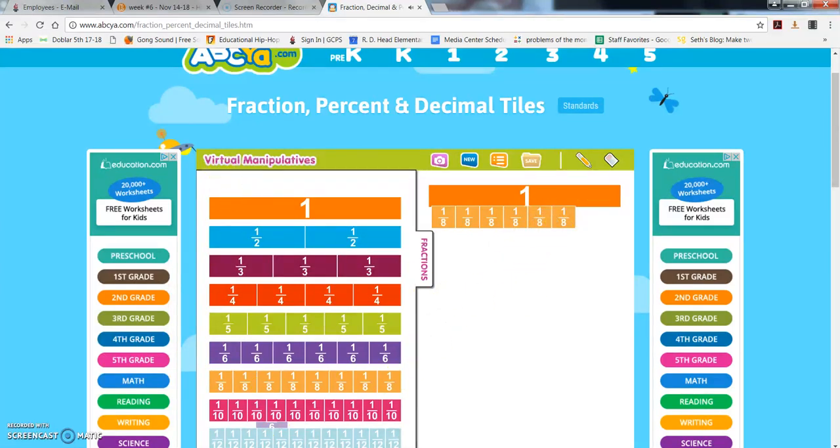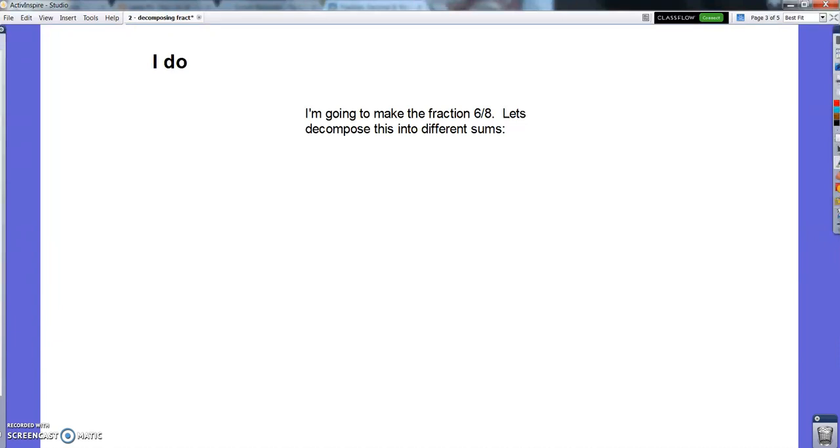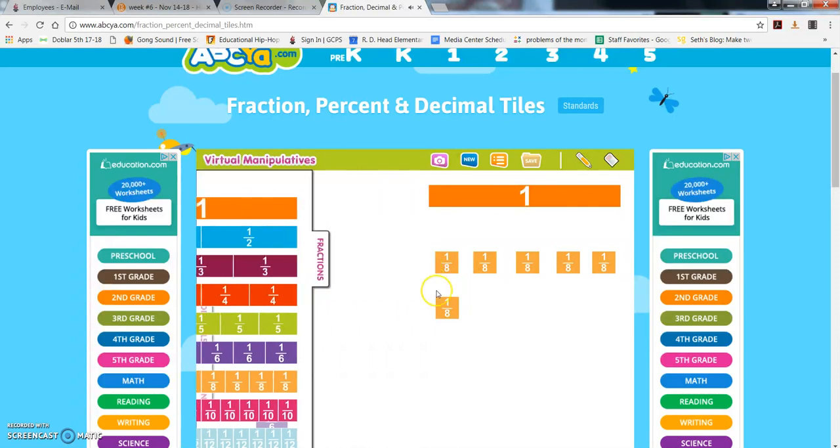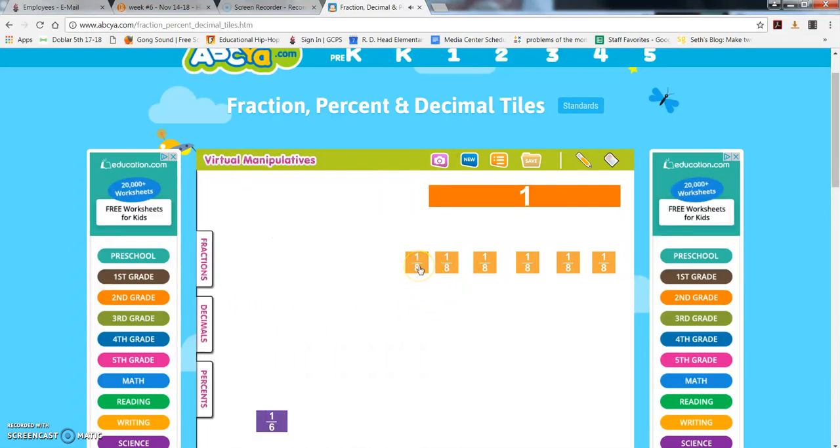So there is my 6/8 fraction. And so yesterday, the only way I decomposed it was into unit fractions. 1/8 plus 1/8 plus 1/8 plus 1/8 plus 1/8 plus 1/8. But that's not the only way I could have possibly decomposed it.